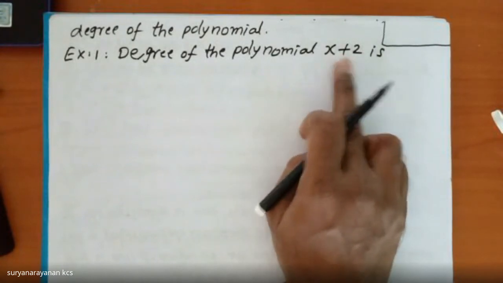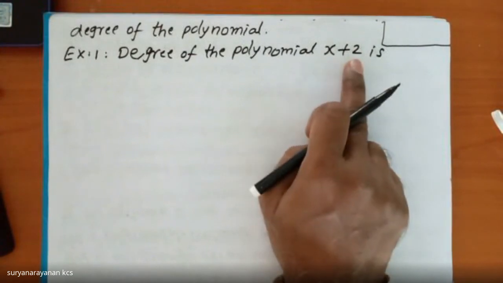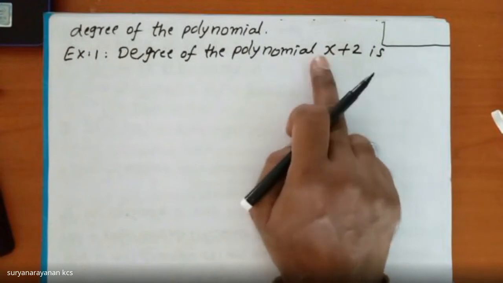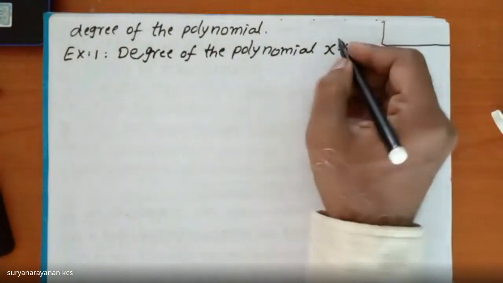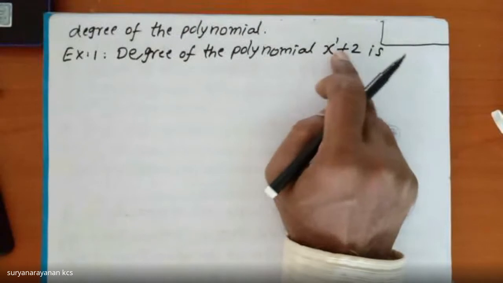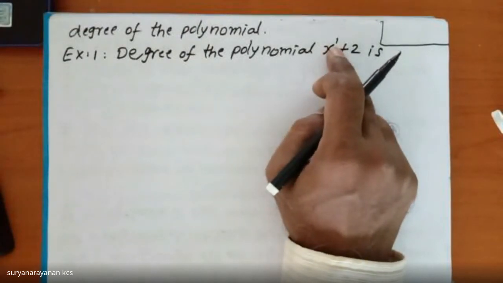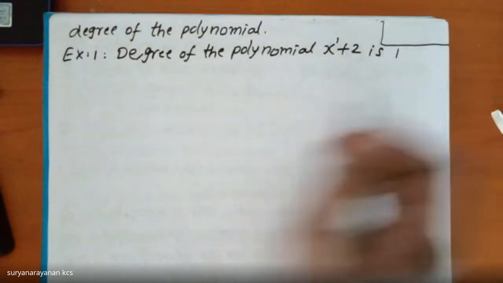Two terms. Now, what is the first term called? X term. And what is the second term called? Constant term. So here in the first term a variable is there. What is the highest power of the variable here? 1. X power 1. If no power is written, we can consider it as 1. The exponent of that term is 1. So the degree of this polynomial is 1.